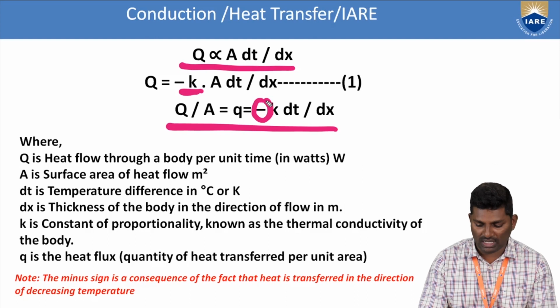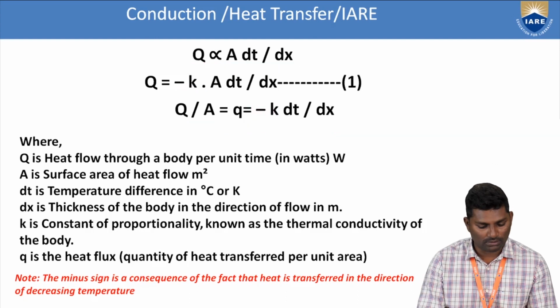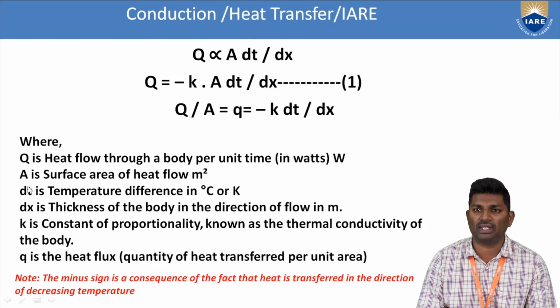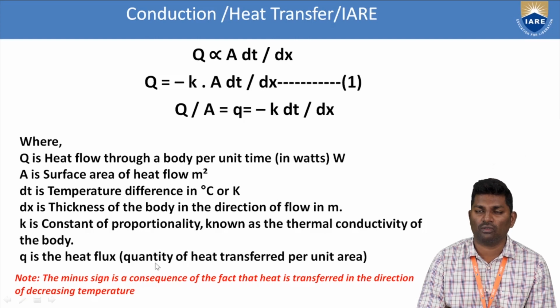Now, if you see the nomenclature, Q is the heat flow in a body per unit area, and A is the surface area of the heat flow. dT is the temperature difference, and dx is the thickness of the body in the direction of flow, whether it is dx in the x direction, dy in the y direction, or dz in the z direction.